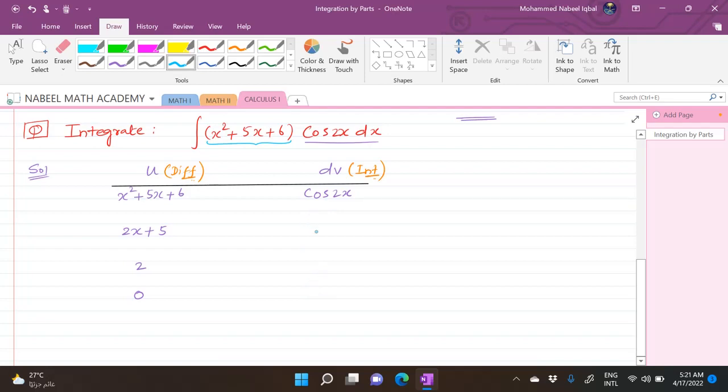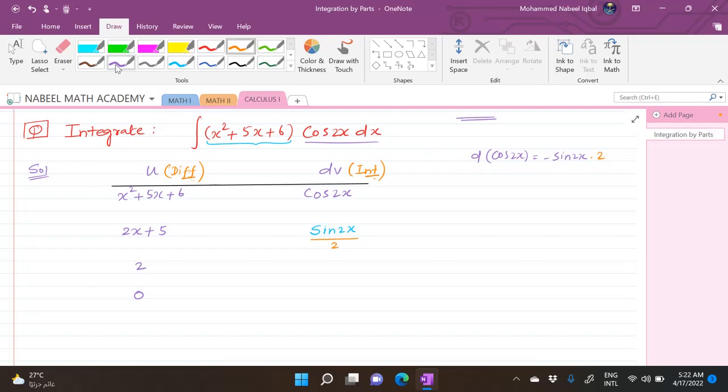So if you integrate this one, cosine integration is sine 2x over 2. Why is it over 2? Because here it is 2x. So see the difference between differentiation and integration. If you differentiate cosine 2x, you will have minus sine 2x into 2.